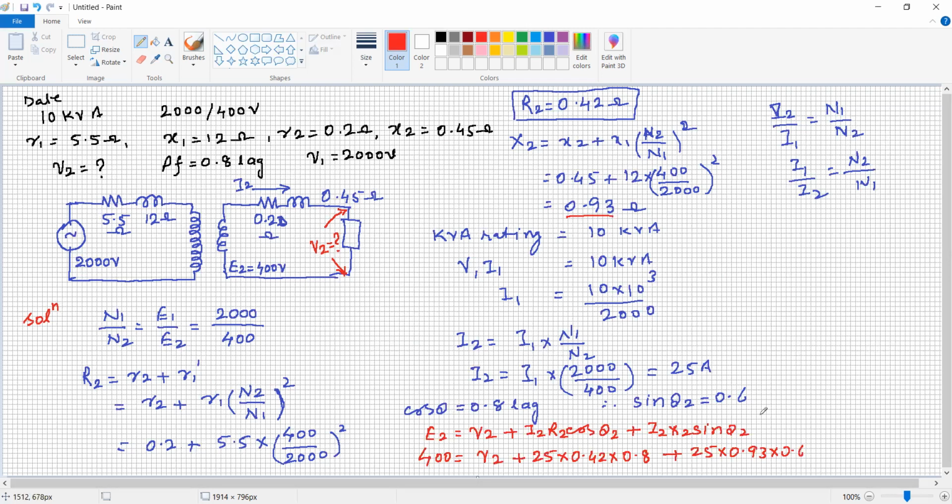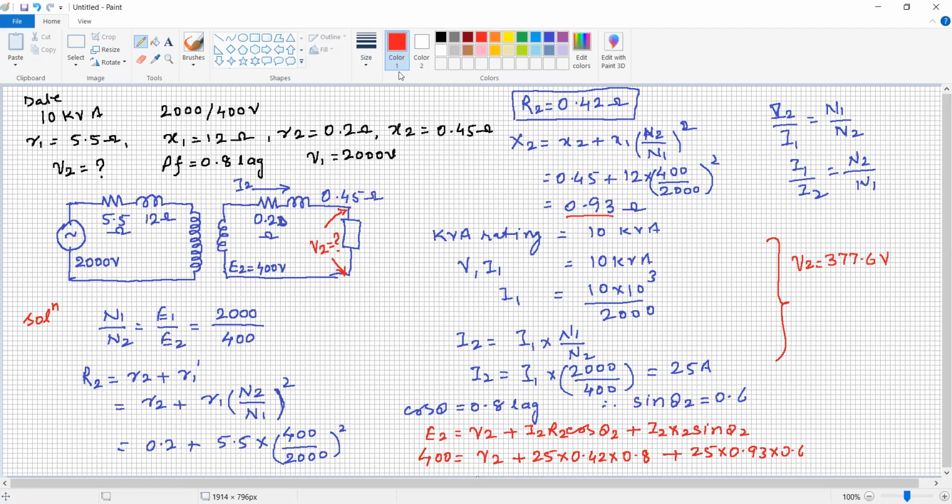So the value of V2 is equal to 377.6. In this way, the value of voltage V2 can be found.